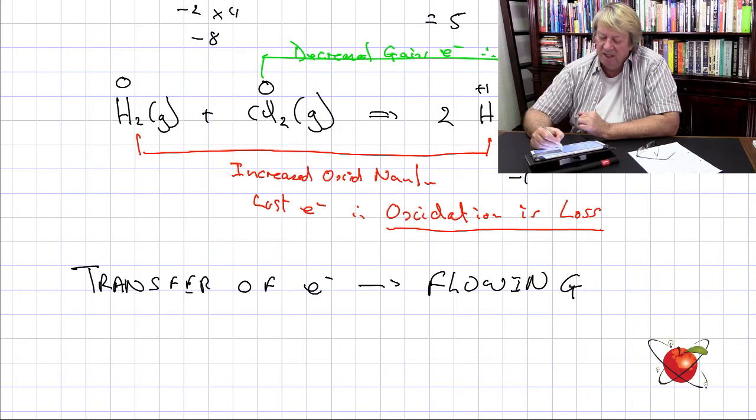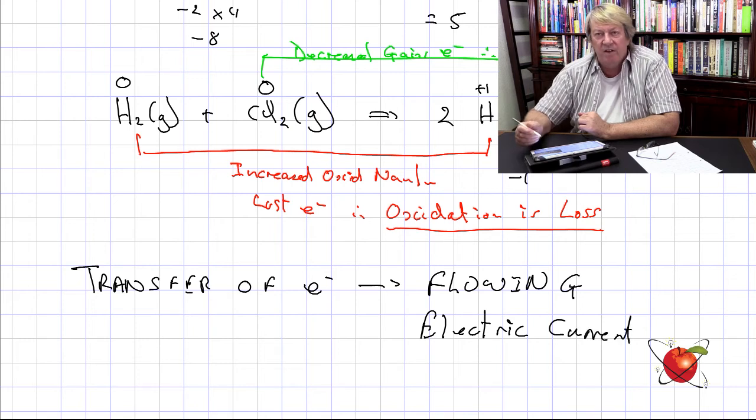Well, it's an electric current, isn't it? So this whole process is leading us towards that: if we've got these reactions causing electrons to flow, essentially we're creating an electric current from these chemicals. That's something we're going to go into in a little bit.